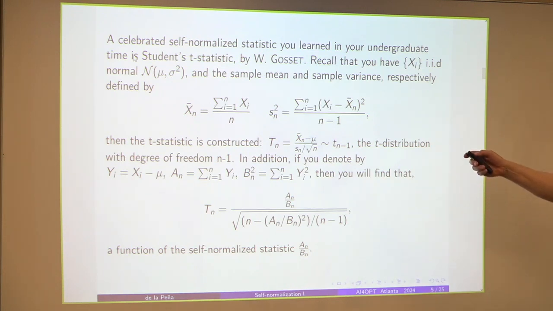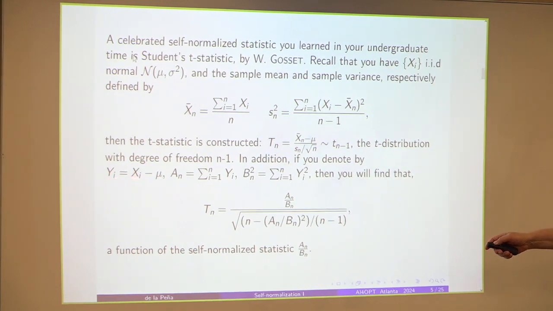Now let us notice, the self-normalization that I work on is not t-type. It takes the form, so let's replace x sub i minus mu by y sub i. So I will call A_n the sum of the y sub i's, and B_n squared the sum of the y sub i squared.